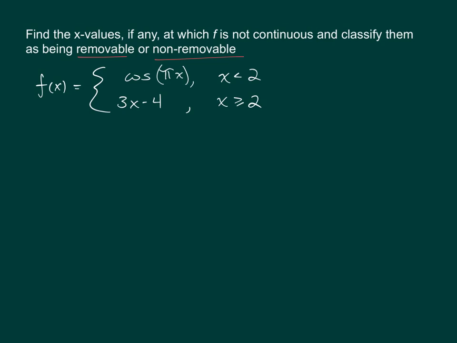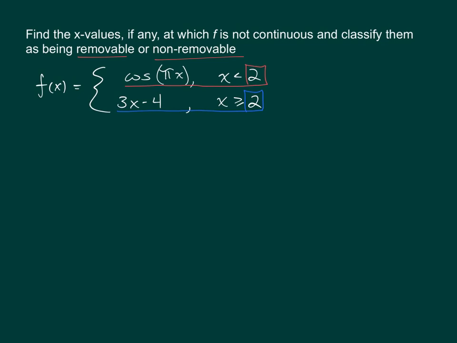The second step is to check right here. This function exists for when x is less than 2, and this function exists for when x is greater than or equal to 2. So we will take the value 2 and substitute it into each function to make sure that they get the same y value.